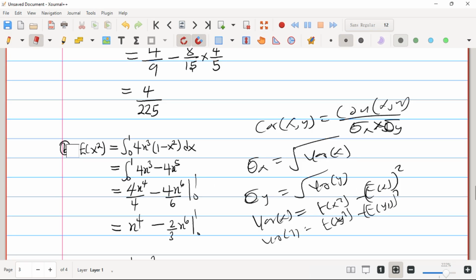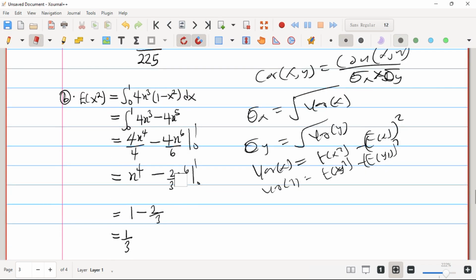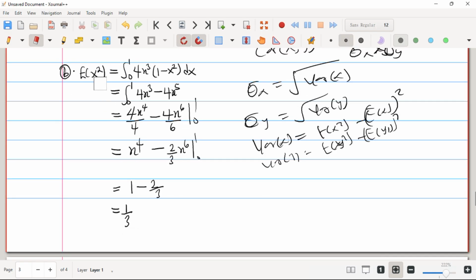So for expectation of x squared, you are just to multiply x squared by the marginal. Once we do that, we are going to get 4x cubed bracket open 1 minus x squared dx. Once we expand and integrate and put in our limit 0 and 1, we are going to get 1 over 3 as our answer for expectation of x squared.